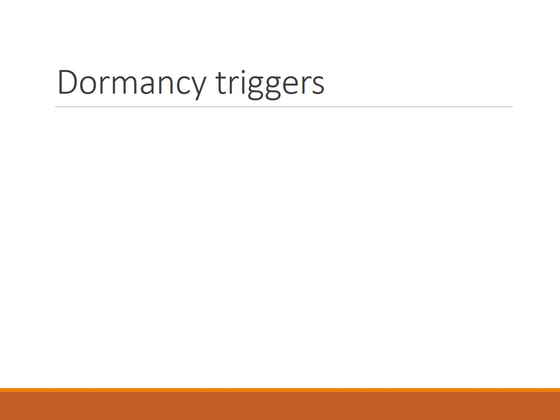We know that plants become dormant to survive periods of adverse environmental conditions. And the biggest period that a plant has to be able to survive is just simply winter. A plant has to get through the winter, so it has to become dormant before winter. So what things trigger dormancy? What things cause plants to become dormant? The two main triggers are the photoperiod and low temperatures. Photoperiod we discussed earlier.